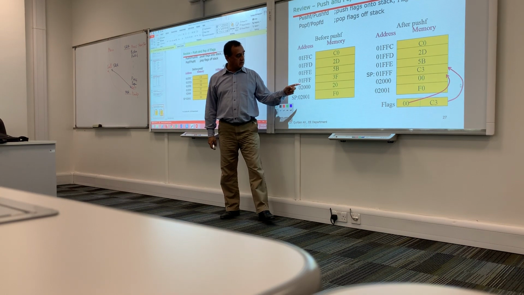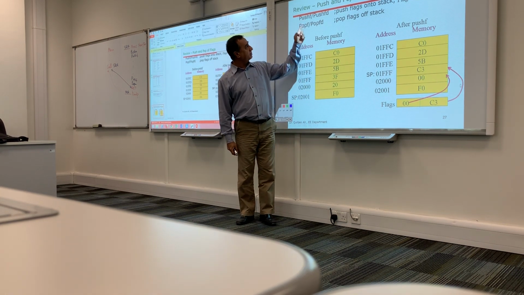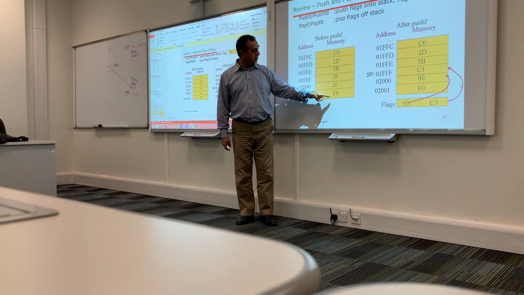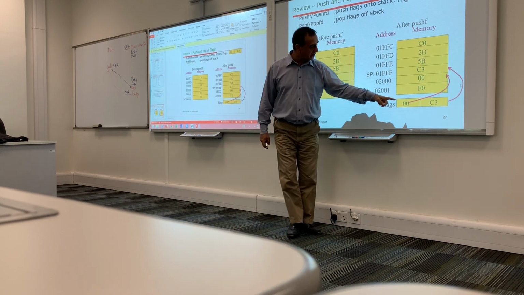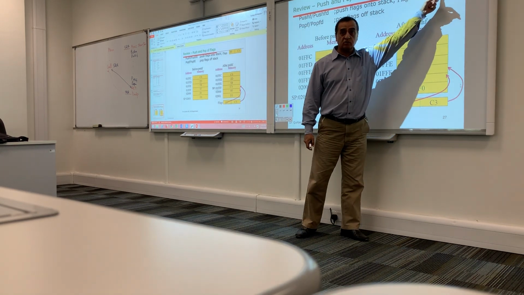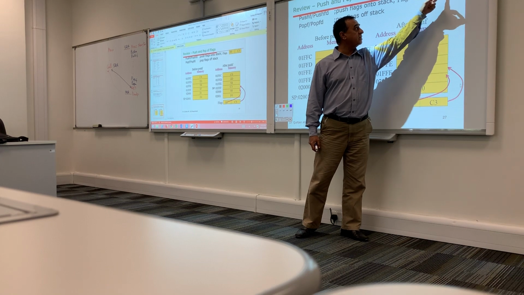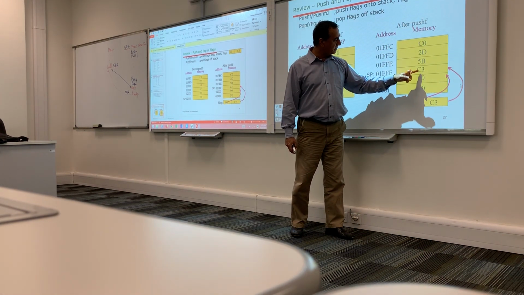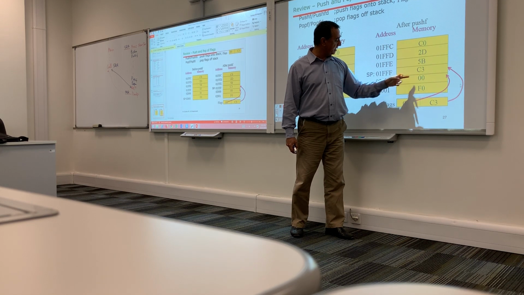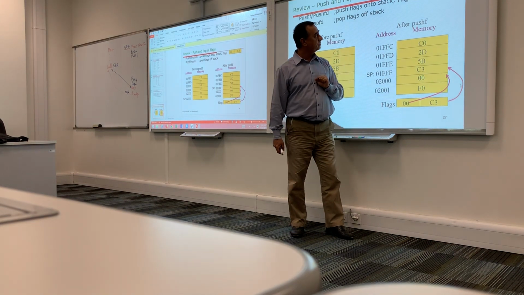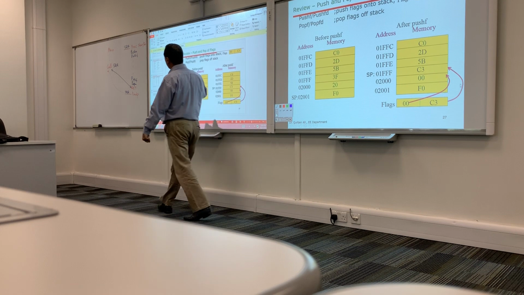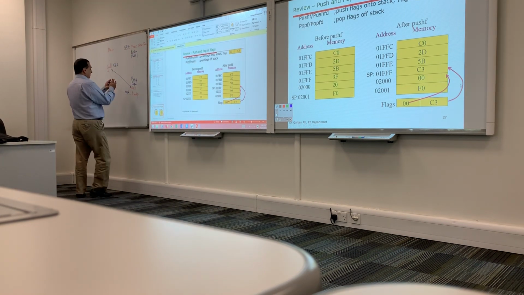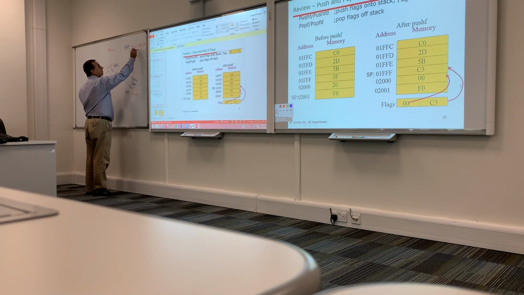First, decrement by 2 whenever I say push F, right? Decrement by 2 and then write 00C3. C3 is lower, 00 is higher. I jump here, C3 at the lower address and at the higher address I have 00. I can also have this if I'm working with the protected mode.